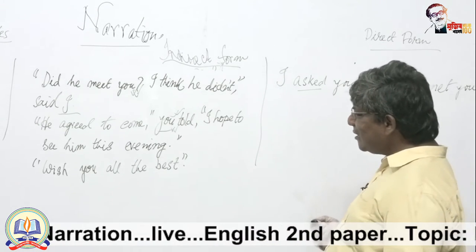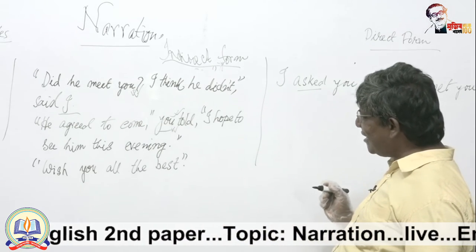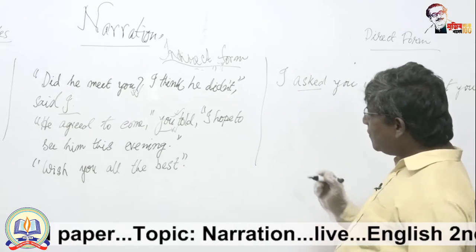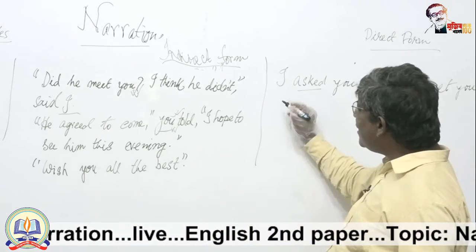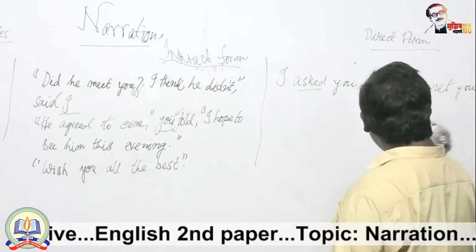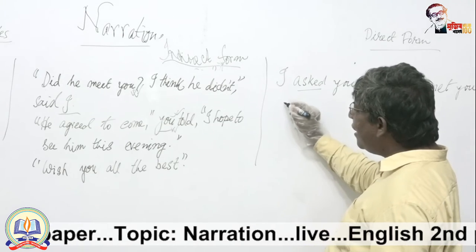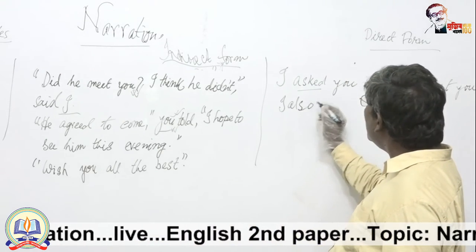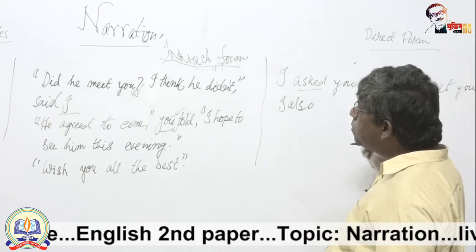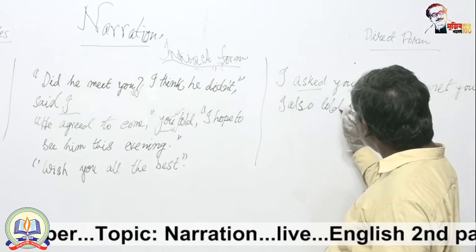the second sentence in the same reported speech is I think he didn't. This is an assertive sentence. So, to replace say, we will use the verb tell in the past form after the end. You and I also told that.